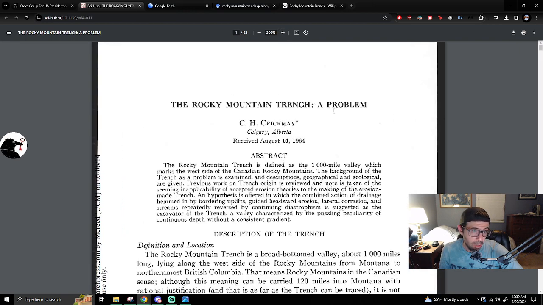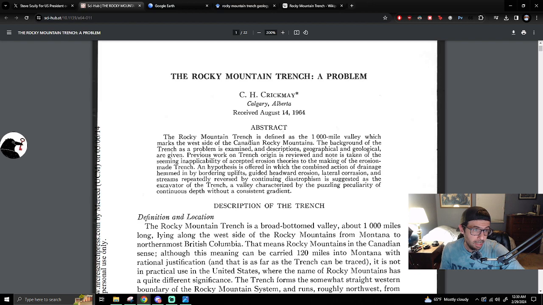Rocky Mountain Trench, A Problem by C.H. Crickmay, received August 1964. So this is 60 years ago, thereabouts, when this was published, or received at least. The Rocky Mountain Trench is defined as the 1,000-mile valley which marks the west side of the Canadian Rocky Mountains.